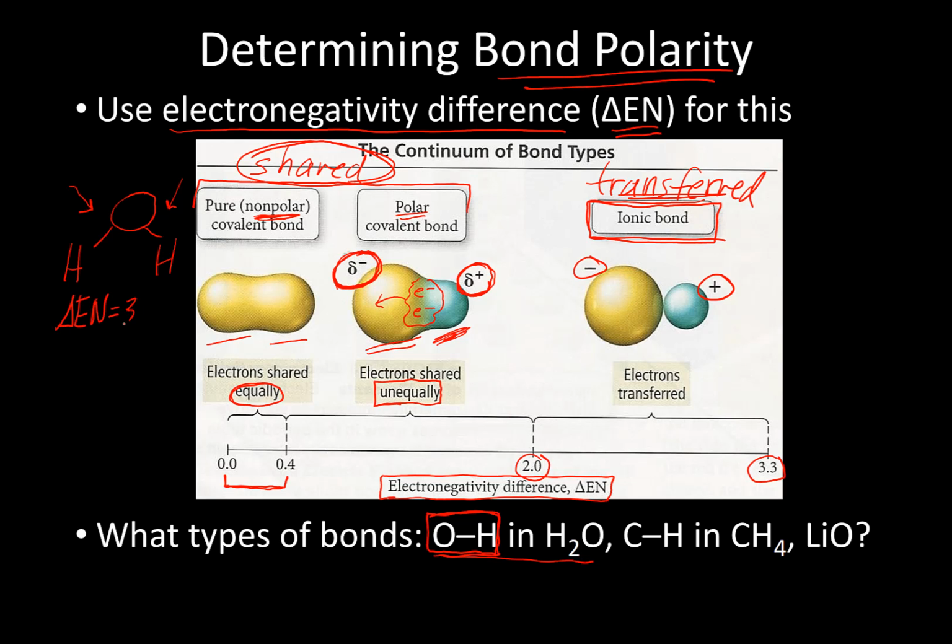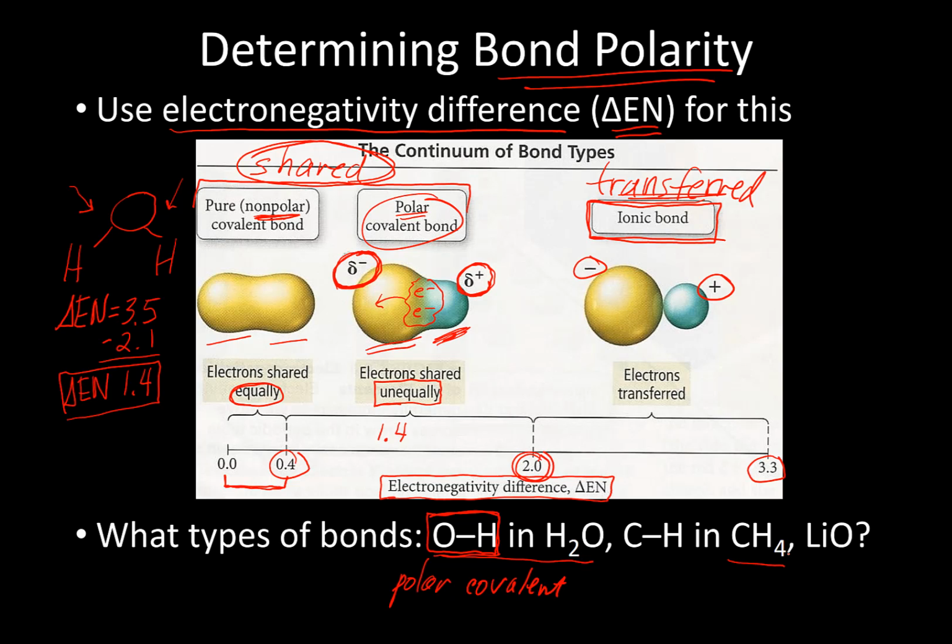We're just going to do 3.5 minus 2.1, and that means the electronegativity difference for an OH bond in a water molecule is 1.4. So this value falls in here. It's between 0.4 and 2. So that means that OH bond in the water molecule is classified as polar covalent.